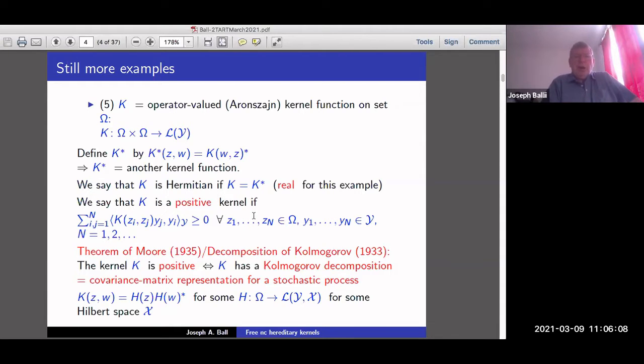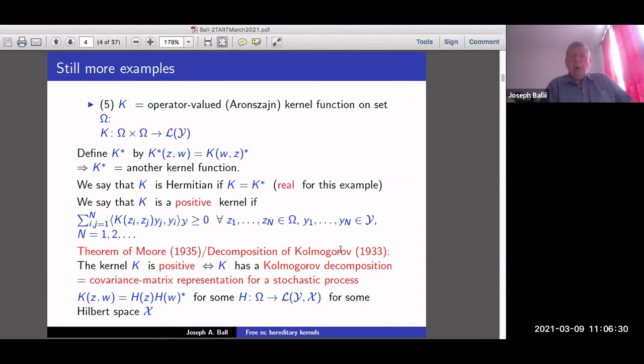Then it's a theorem of Moore. I've been calling it Kolmogorov decomposition for years, but I just read the new book of Agler, McCarthy and Young. It's really a theorem of Moore. A kernel is positive if and only if it has a Kolmogorov decomposition.